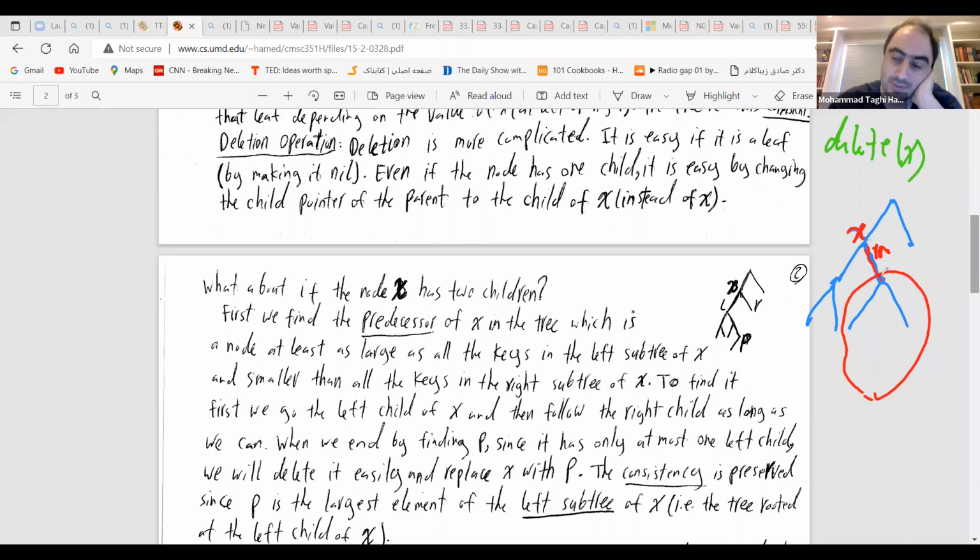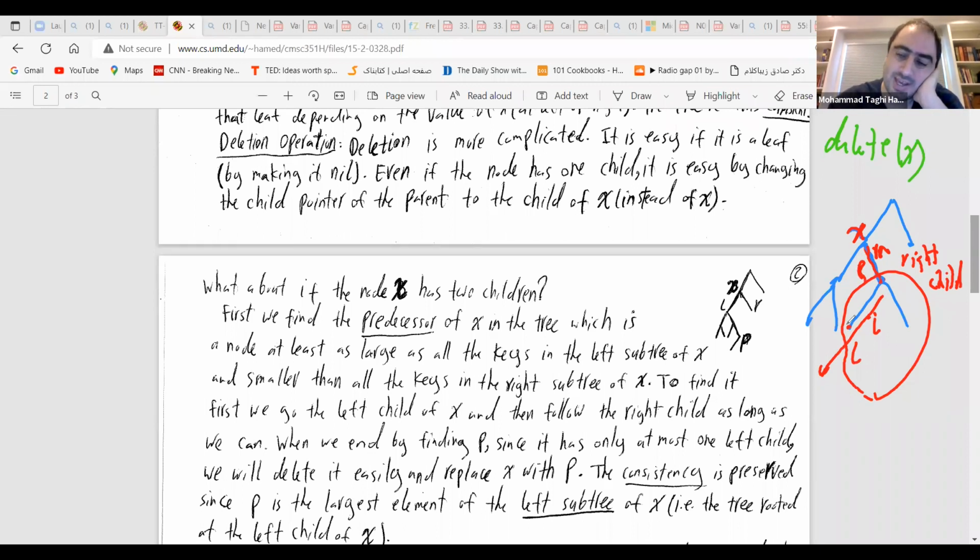You will come to here, the child might not be the correct one. So what can you do? You will come to, for example, here, the right child, and then you will go left. When you go to the right child, you will go all the way left. So you will take one R and then lots of left until you find essentially a leaf.